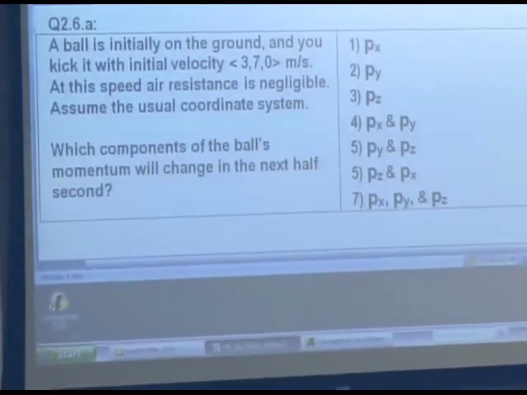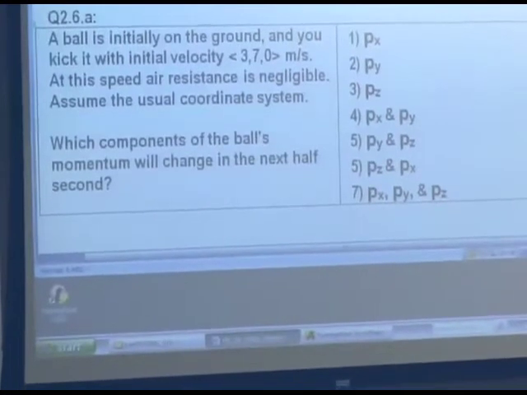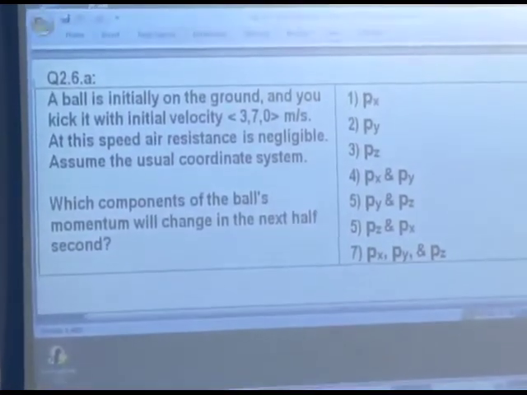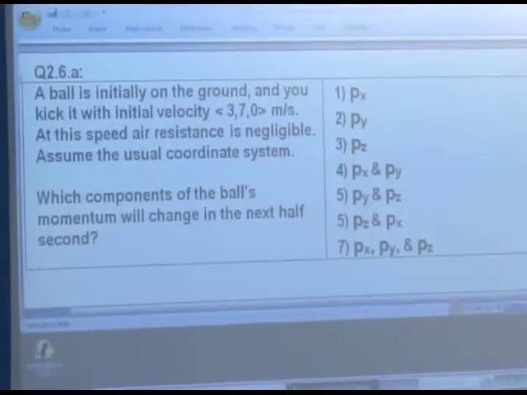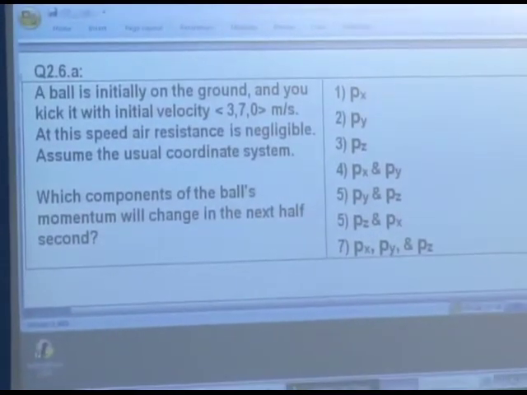Which of the components of the ball's momentum are going to change in the next half second? Use the momentum principle to think about this. So we're basically assuming that the only force on it is in fact the force due to the Earth.